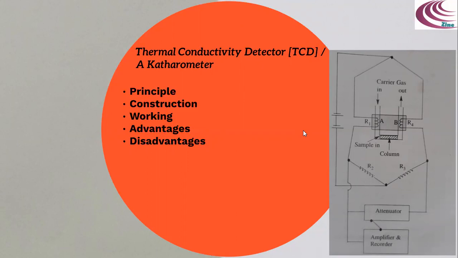Hence, when a solute is eluted out in the carrier gas, the mixture removes a different amount of heat from the coil B as compared to when only the carrier gas passes over it.